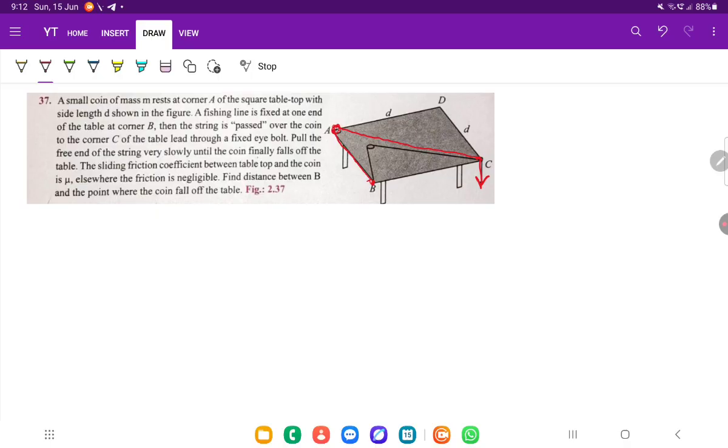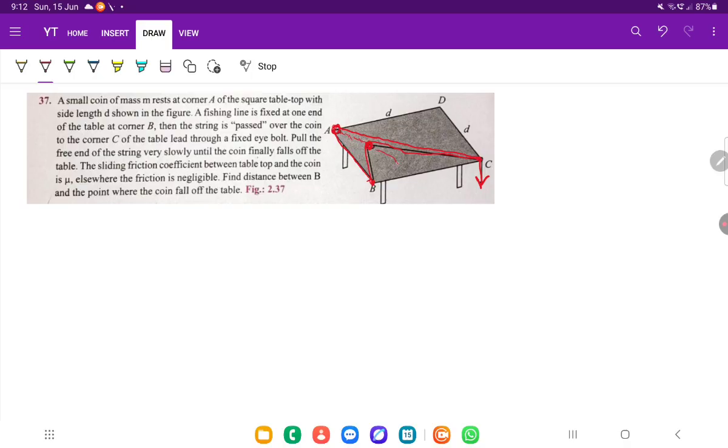It will follow some unknown trajectory, we are not sure how it will come, and at some given instant they have shown the position of the coin. Let's say it's here, and this is the thread passing over the coin from corner B to C, and obviously after some time it will reach the edge BC and fall off the table.